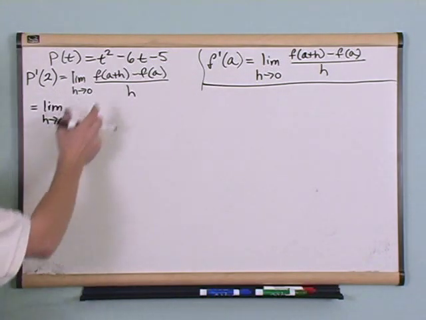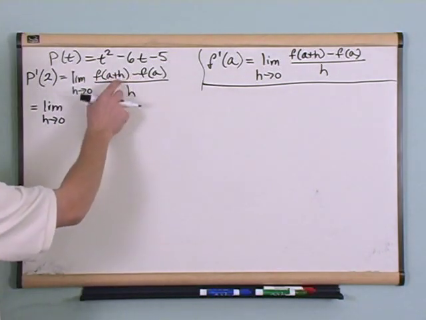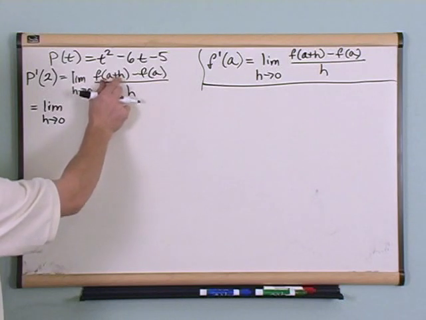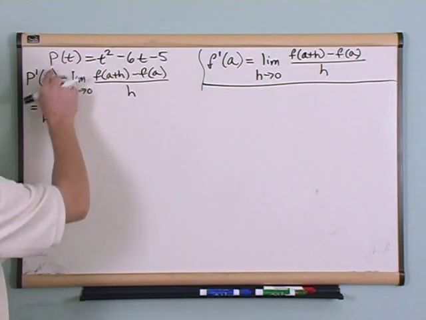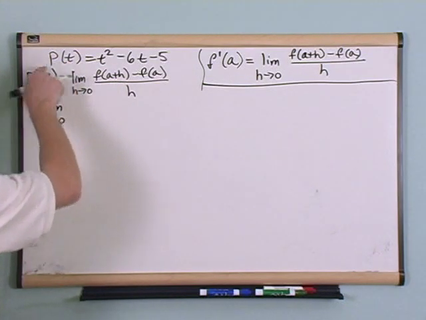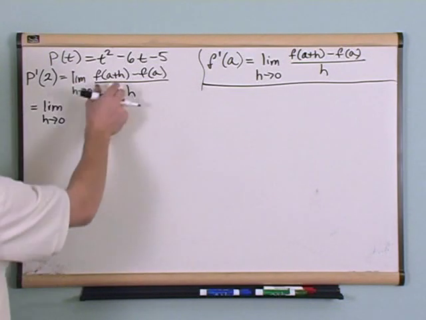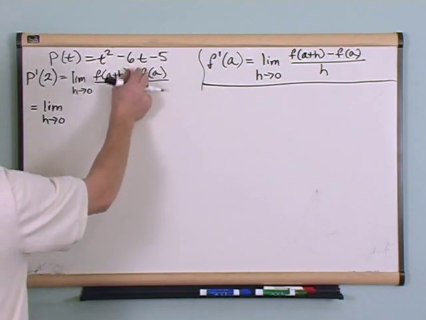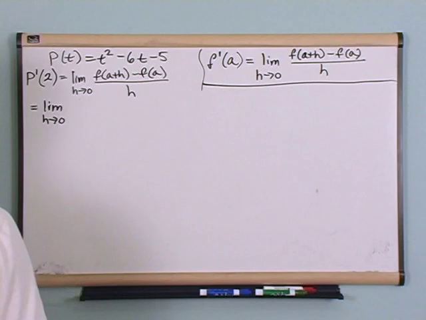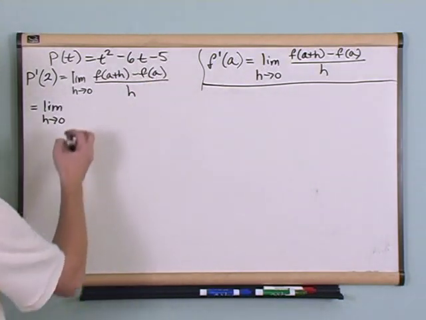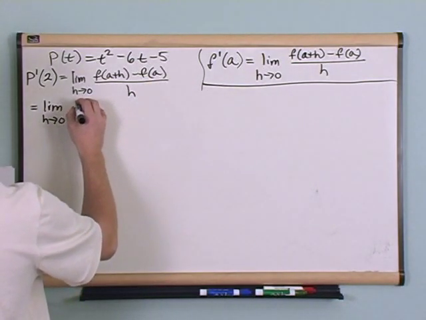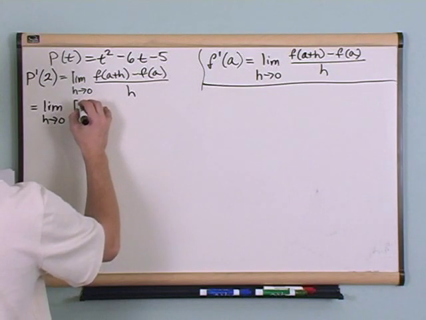Okay? What does this mean? F of a plus h. What I'm going to do is take a plus h, the quantity, and plug it into the function I'm dealing with, which in this case is p. Okay? So a plus h is going to go here, a plus h is going to go here. And then I'm going to keep going.